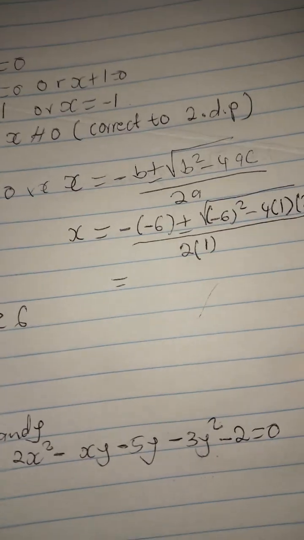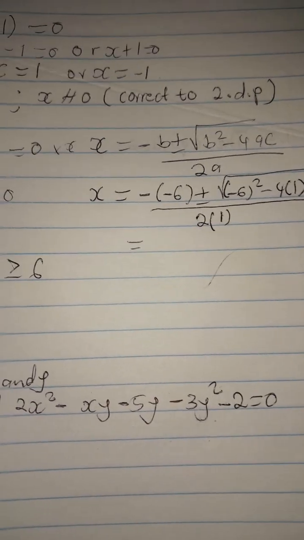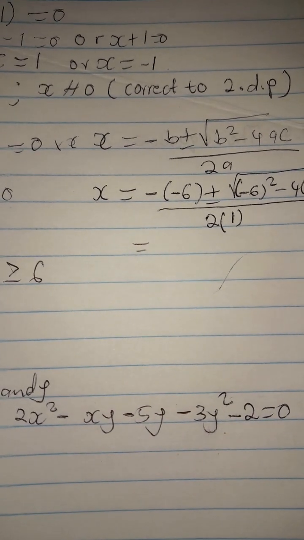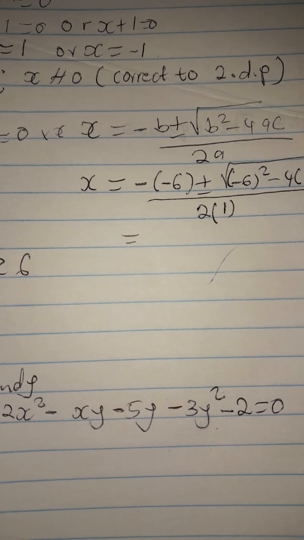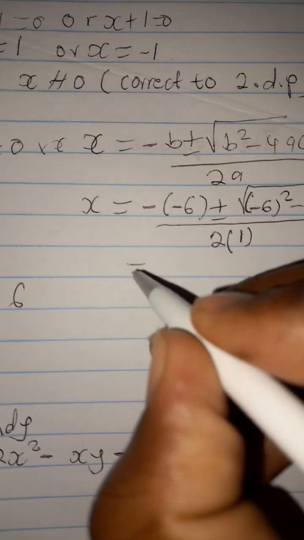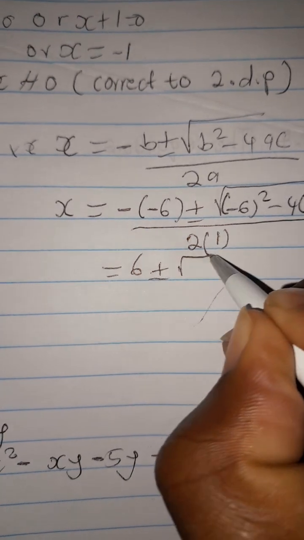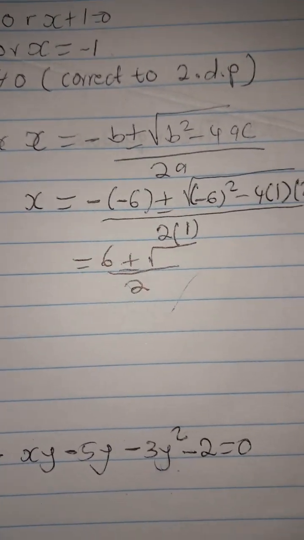Negative of negative 6 gives us positive 6, plus or minus, divided by 2 times 1, that's 2.